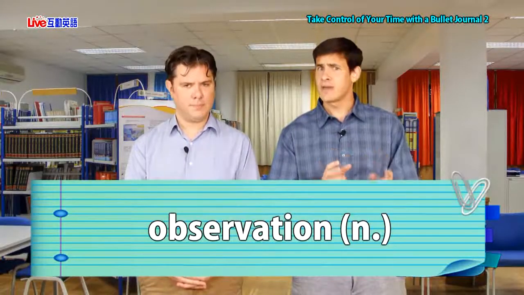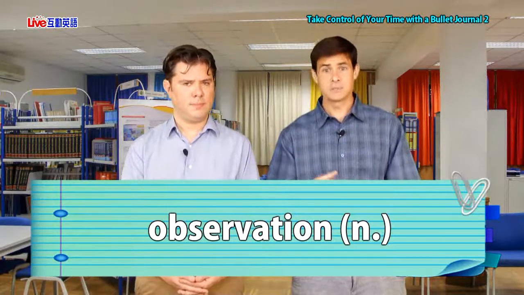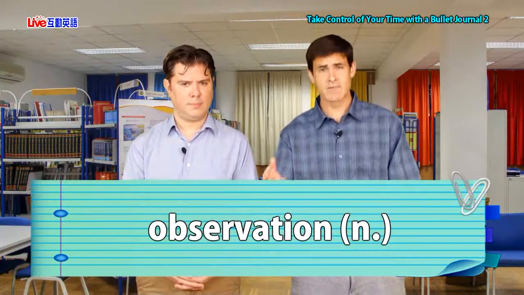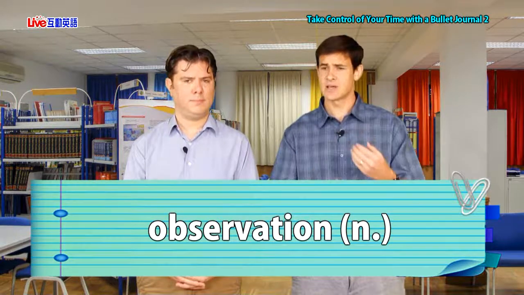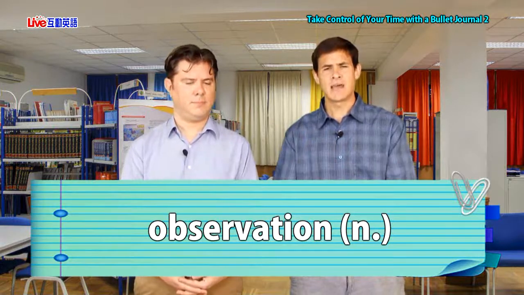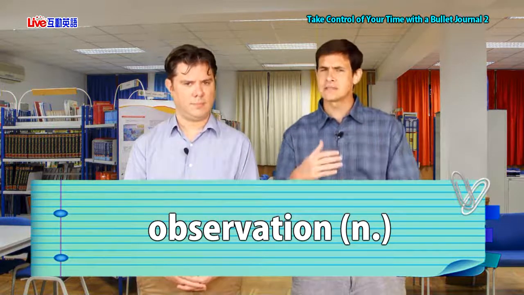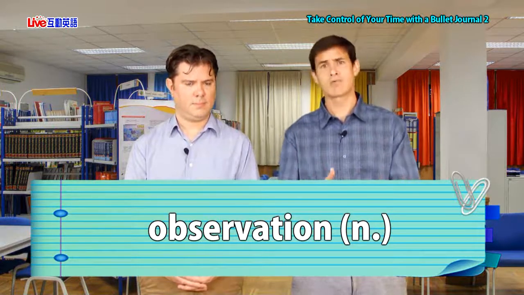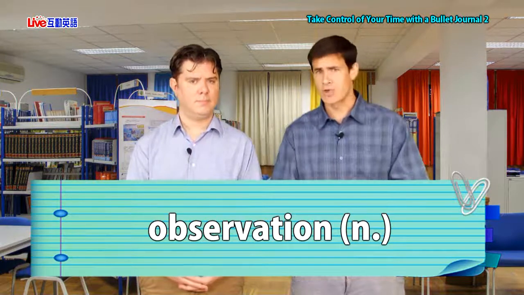An observation is something that you have observed or seen. Very often when people make observations, not only do they see things, but they gather their thoughts and their feelings about what they have seen, and then they write them down or share them with other people. For example, my assignment is to watch the monkeys at the zoo and write down my observations.